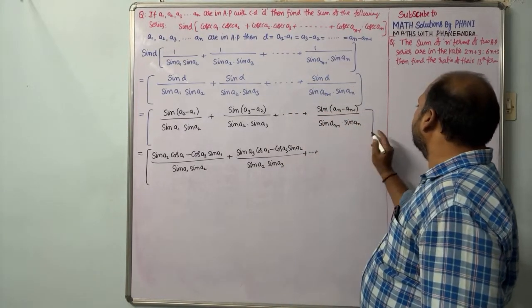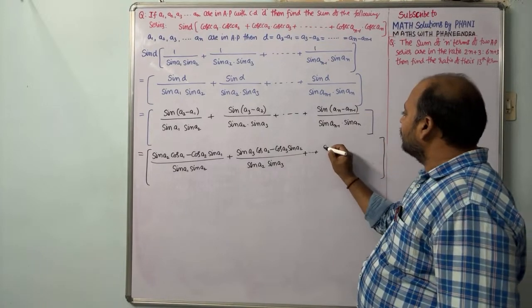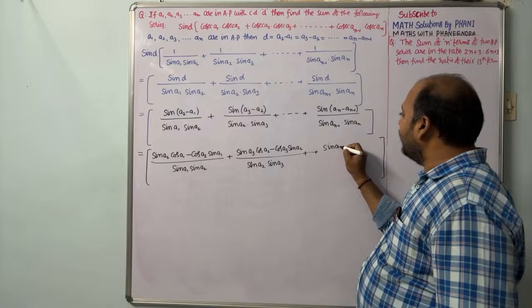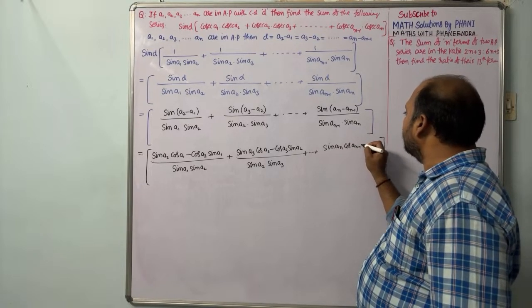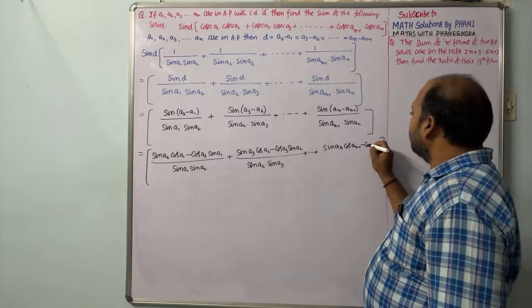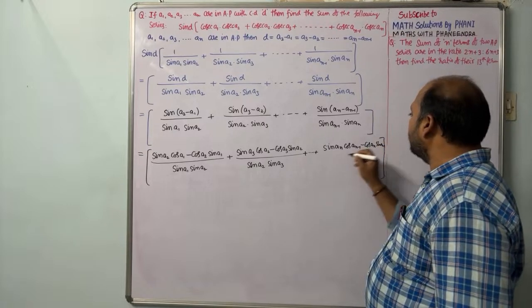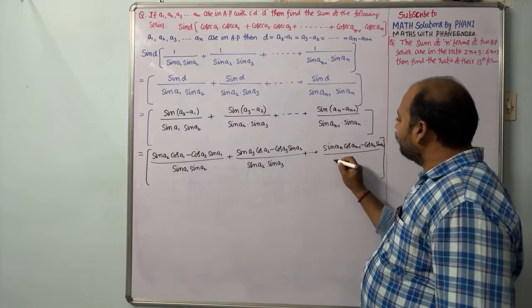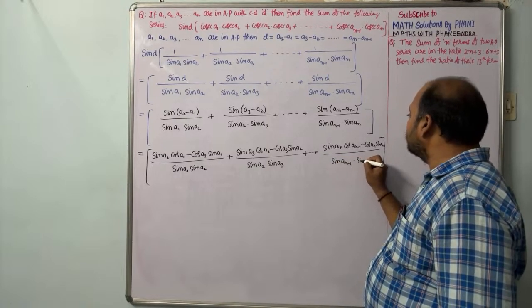The last one, sin An into cos A(n-1) minus cos An into sin A(n-1) by sin A(n-1) into sin An.